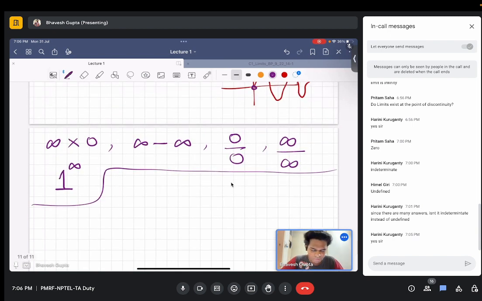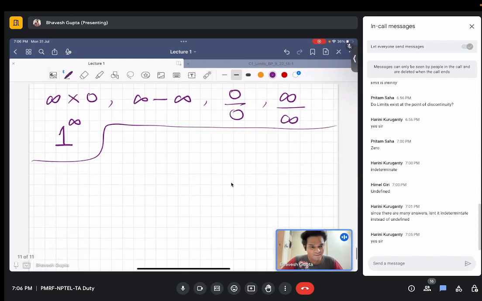We need to be super careful. Indeterminates are the biggest surprises one can see, and in real life this indeterminate plays a very important role. When you do physics, for instance, there are many situations where we shouldn't expect that answer, but it comes.